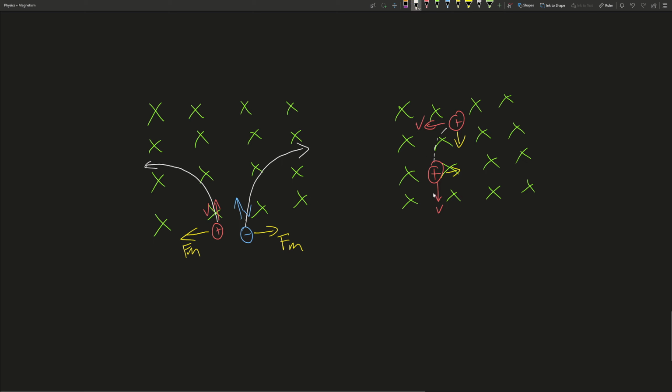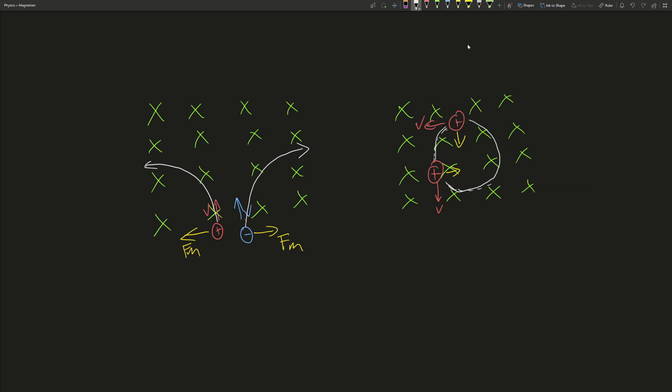So we'll see that as the particle travels, the force is always perpendicular, and that means the acceleration of the particle is only perpendicular to the velocity, and that means that it's in circular motion.